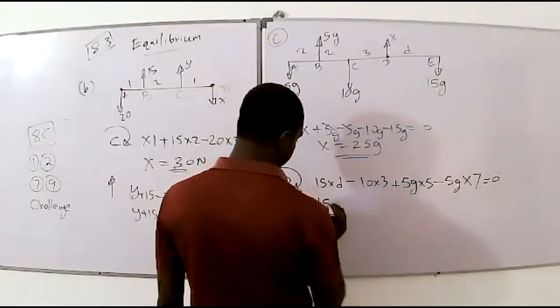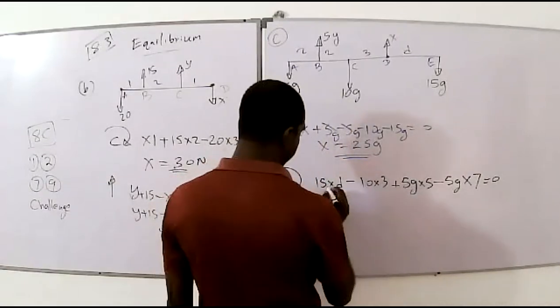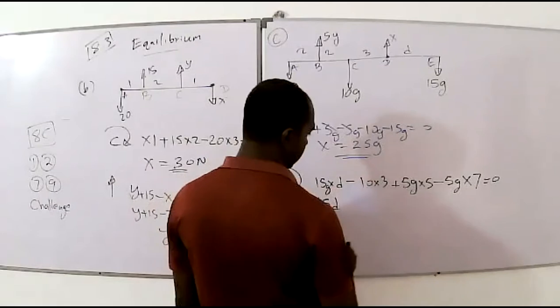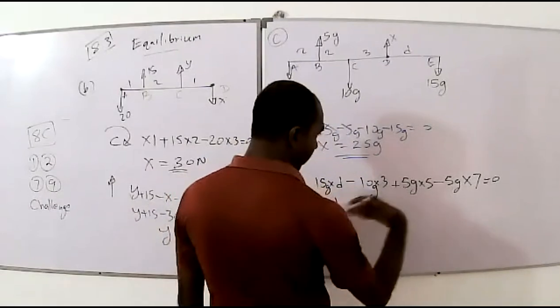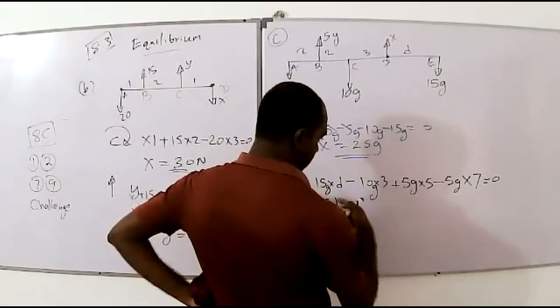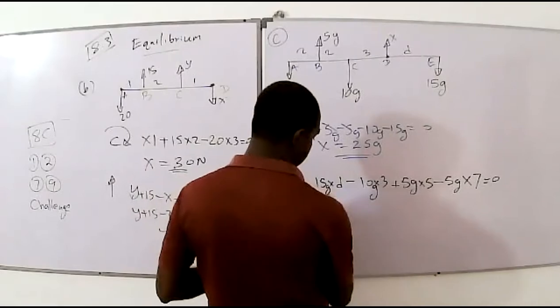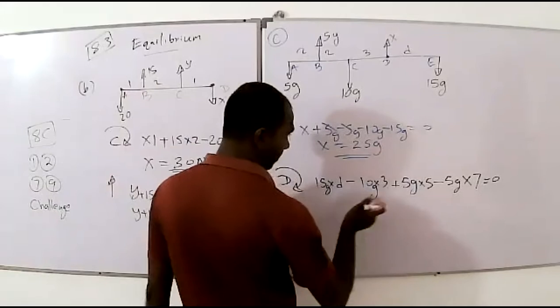So it's going to be 15 times D. It is actually 15G times D, I forgot where G is. Now you can divide everything by G, because G is in all the terms, so you can cancel it out.